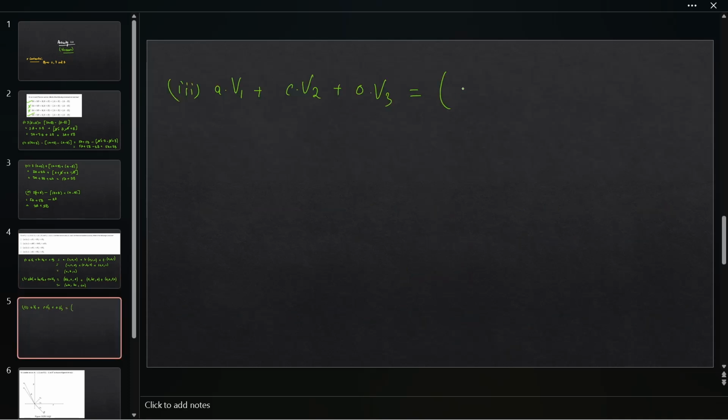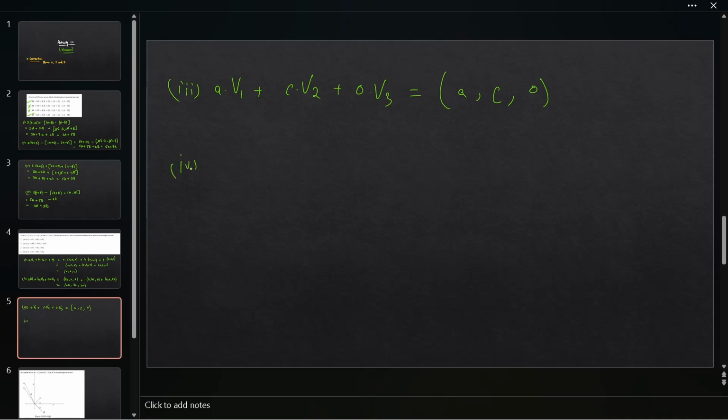If we directly try to write the answer, we know A times V1, so this A will appear in the first place, C times V2, so the C will appear in the second place, and 0 times V3 means this 0 will appear in the third place. So overall it would become A, C, 0. Keep in mind that this is happening just because we have such a nice set of vectors, which is 1, 0, 0, 0, 1, 0, and 0, 0, 1.